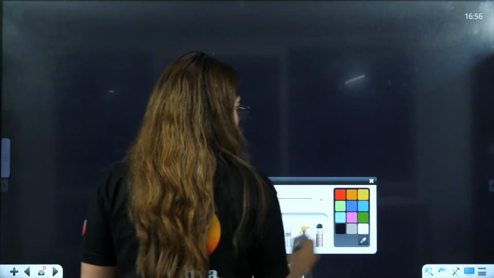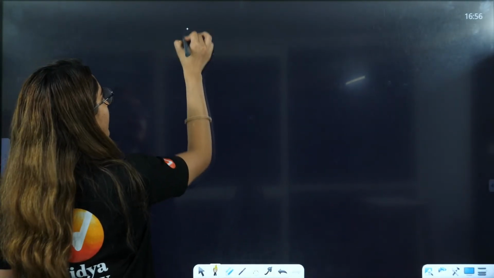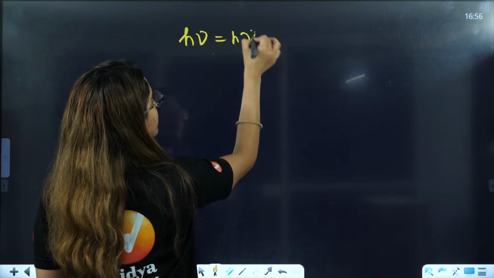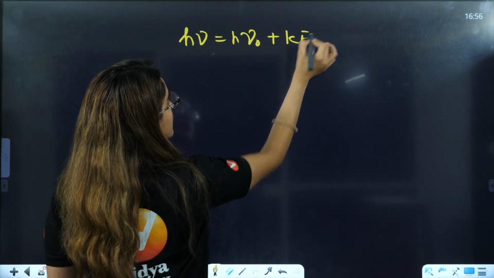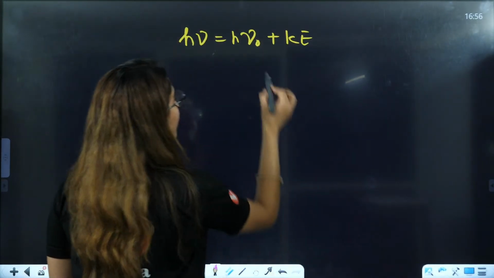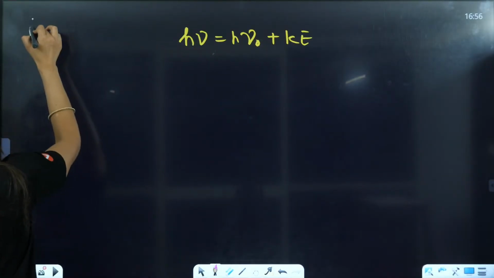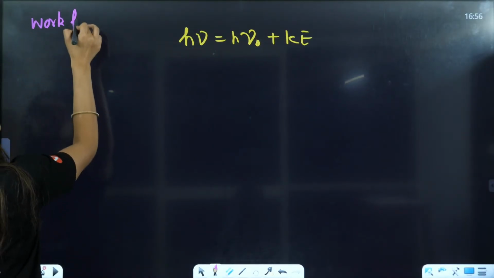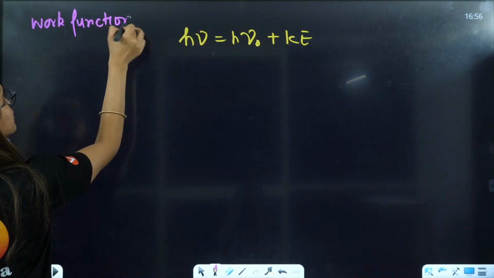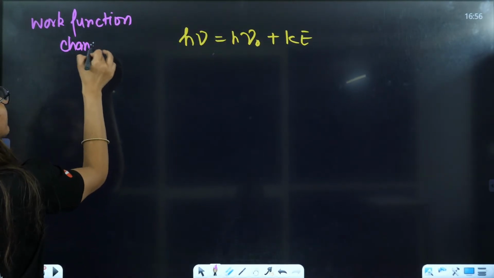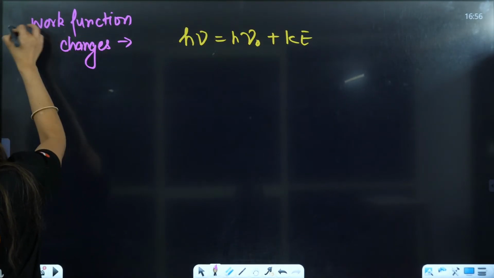Simple thing is, beta, if you talk about this thing here, h mu is equal to h mu naught plus kinetic energy. Simple is, if the work function changes, I'll just write here, work function changes. How does it vary with work function?